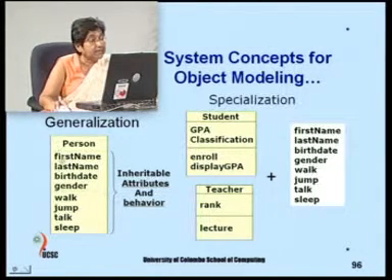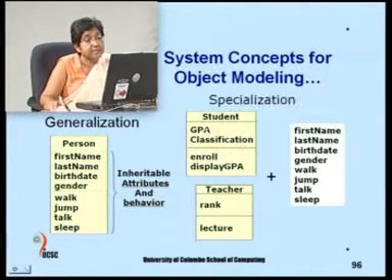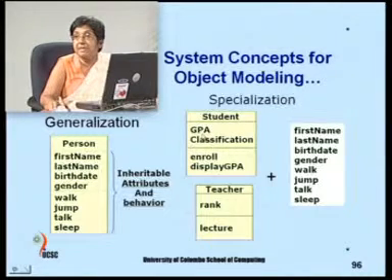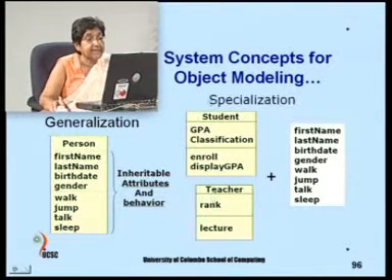So, while these common things can be inherited by both, what is special for the student cannot be inherited by the teacher. Similarly, the teacher has an attribute called rank. Now, the rank cannot be inherited by the student, nor can the rank be inherited by the person.